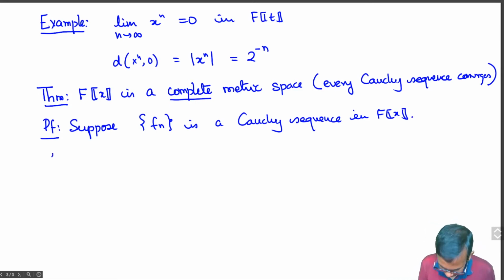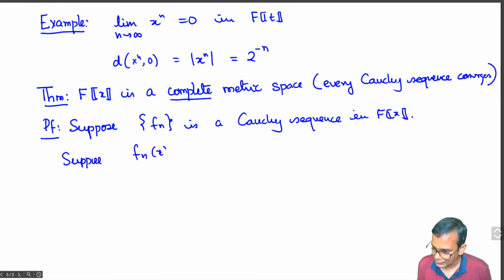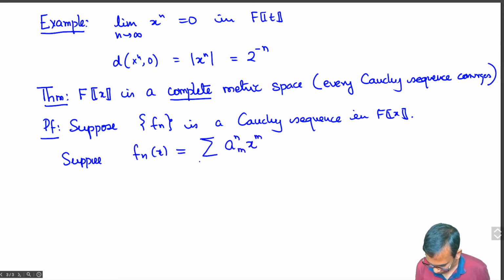So firstly, let's first just set up some notation. Suppose f_n(x) is the summation of a_{n,m} x to the power m, where m goes from 0 to infinity.